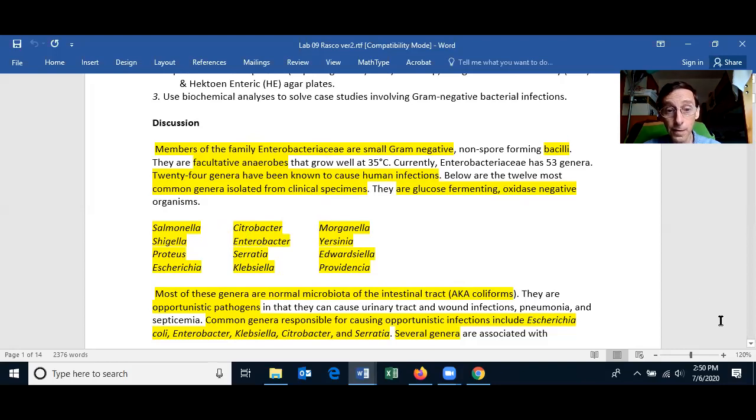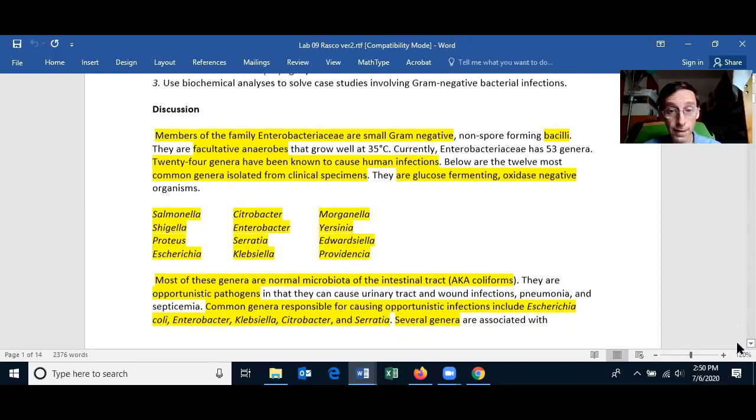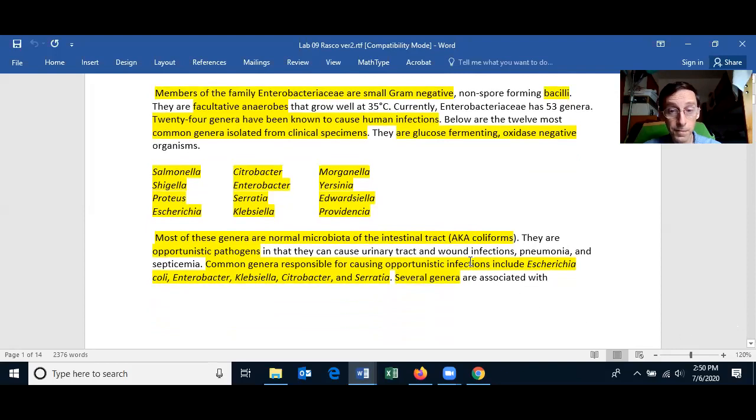Most of these genera are part of your normal microbiota in the intestinal tract, and if they grow in the intestines, we call these coliforms. But they can be opportunistic pathogens, meaning normally where they're growing where they should be, they are part of your normal microbiota, but if they grow in other places, or they grow in numbers that they shouldn't, they can be an opportunistic pathogen.